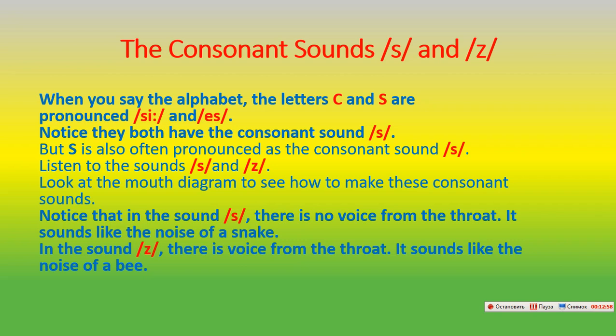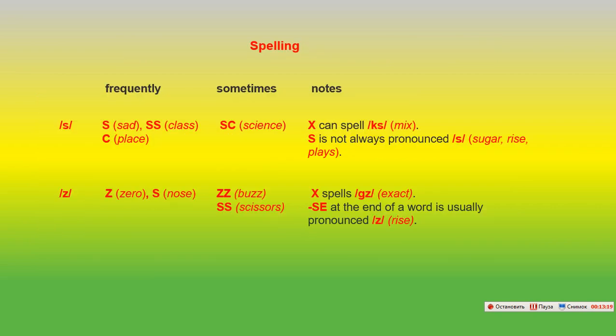Again, notice that in the sound S, there is no voice from the throat. It sounds like the noise of a snake. In the sound Z, there is voice from the throat. Z. It sounds like the noise of a bee.